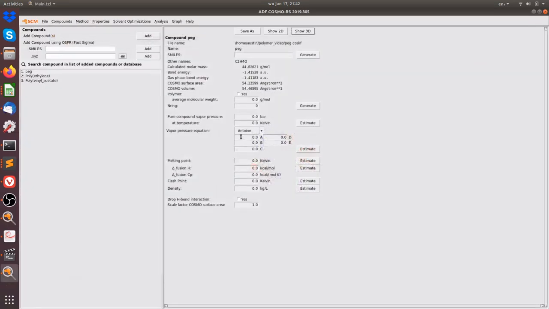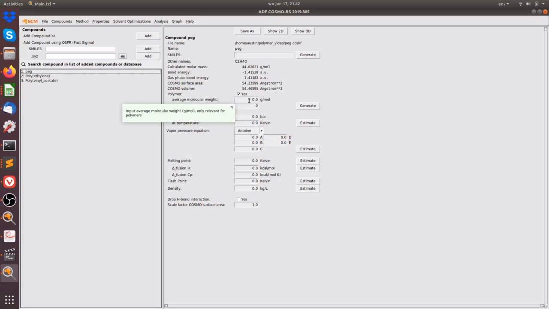So let's close that. In order to use these polymers, there are a few things you should know. Most of this information can be accessed with compounds, list of added compounds. On this page, if we look at PEG, for example, we have to first mark it as a polymer. Those compounds that come from the database are already marked as polymers, but if you do a calculation, you need to tell COSMO-RS that it's a polymer.